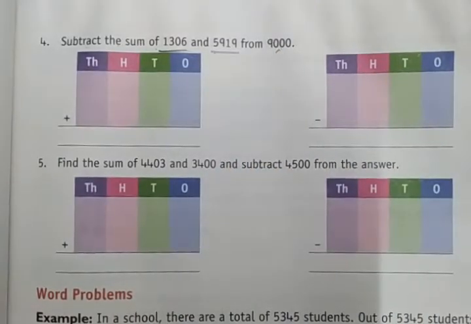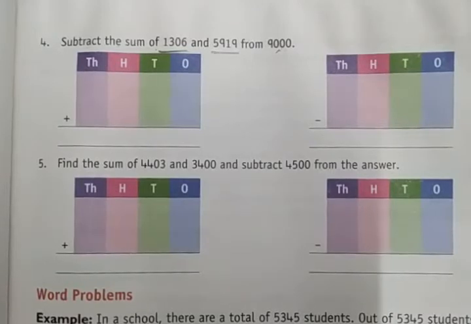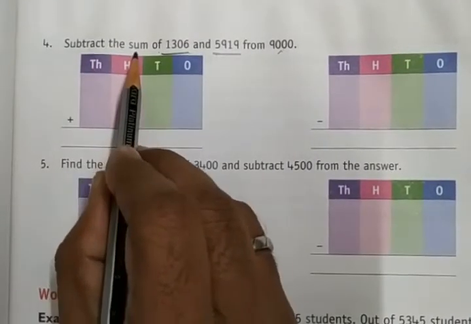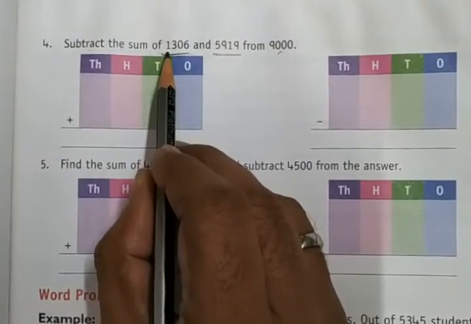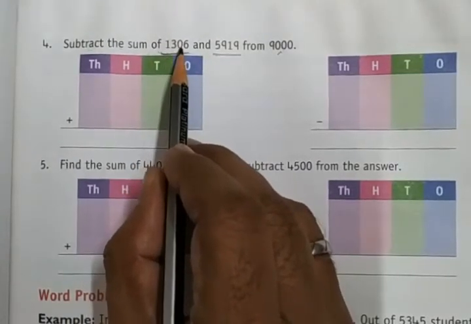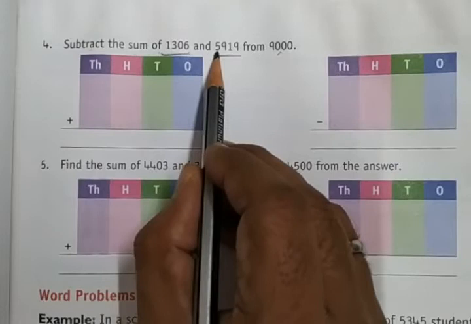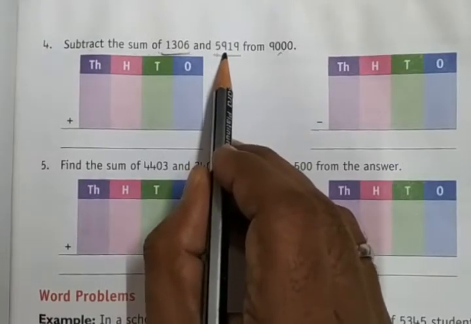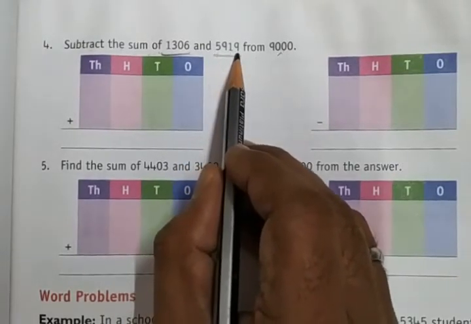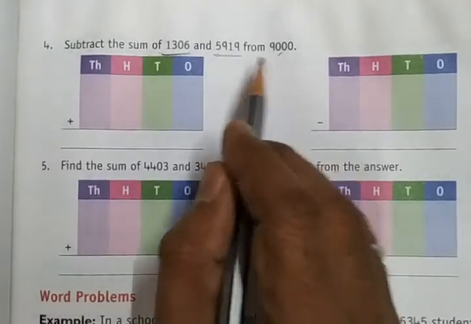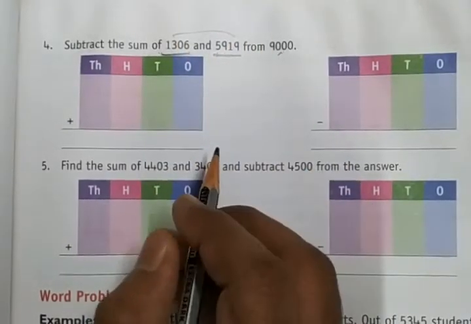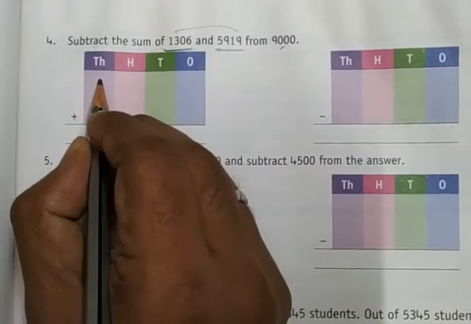Clear? Subtract the sum of 1306 and 5919 from this. So for that you have to add these two things, right? Add these two things.